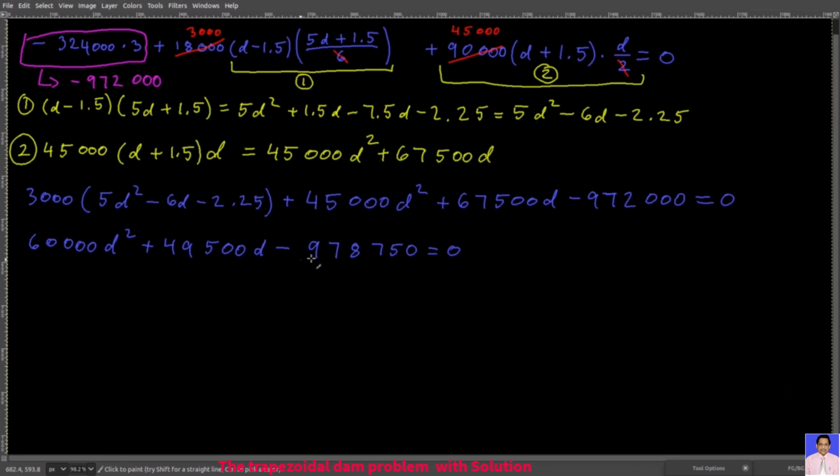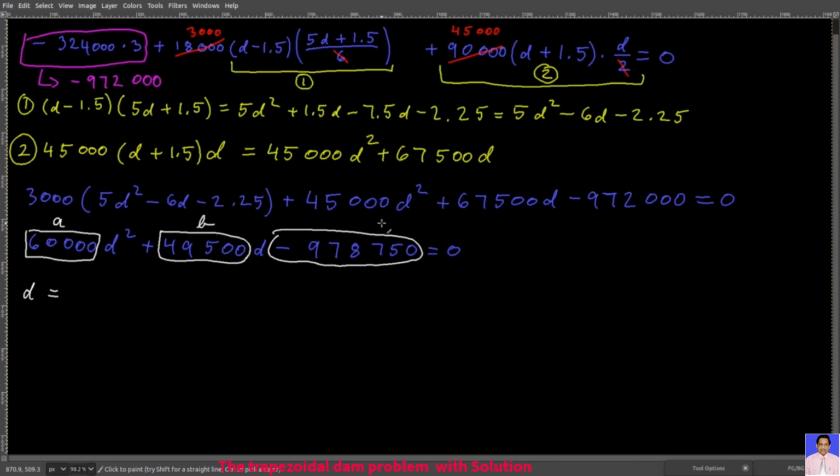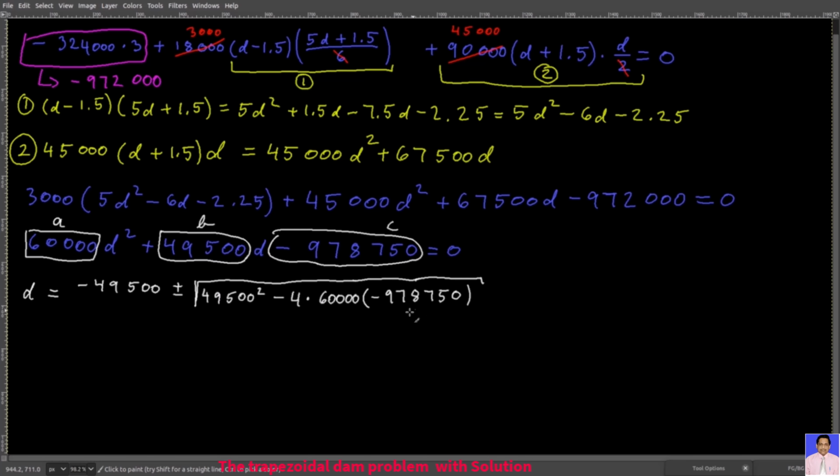So for this equation, I will have d equals, now this one is my a, this one is my b, and this one is my c. So I have minus b plus minus square root of b squared minus 4 times a times c, and all that divided by 2 times a.